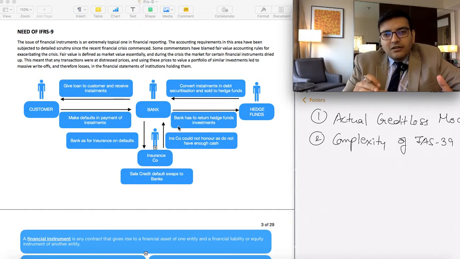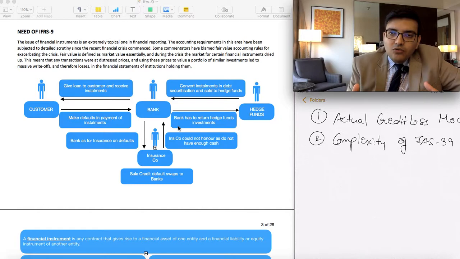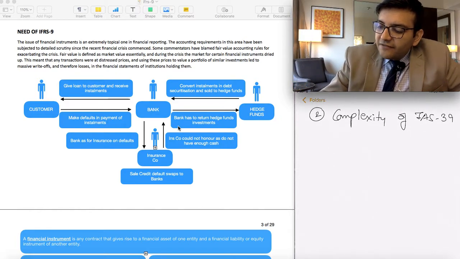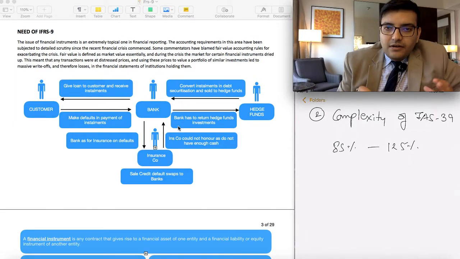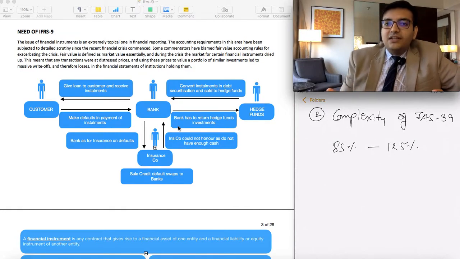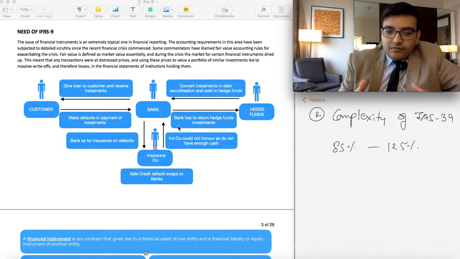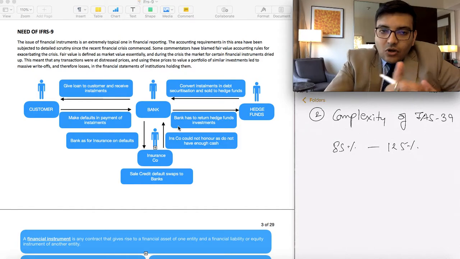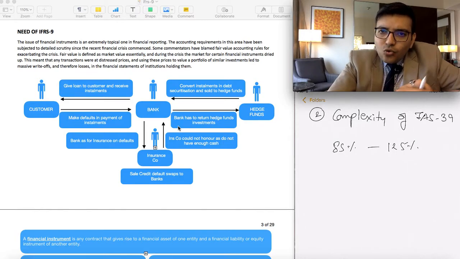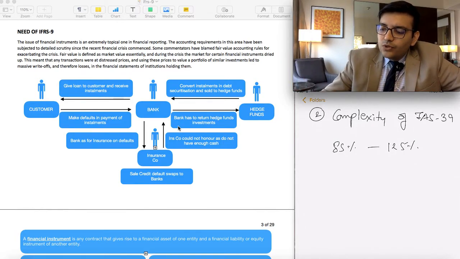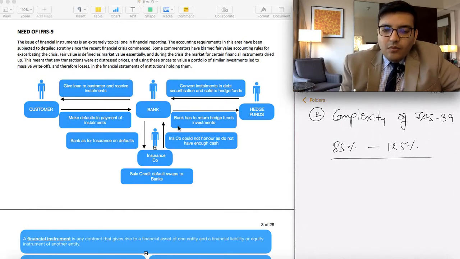For example, in the case of hedging, they say that if your hedging estimation falls between 85% to 125%, then only will you account for hedging in some instances. We'll talk about it later, because I cannot explain it right now, as you don't know the concepts straight away. So there were some rule based concepts based upon such rules, and we don't know where they came from.